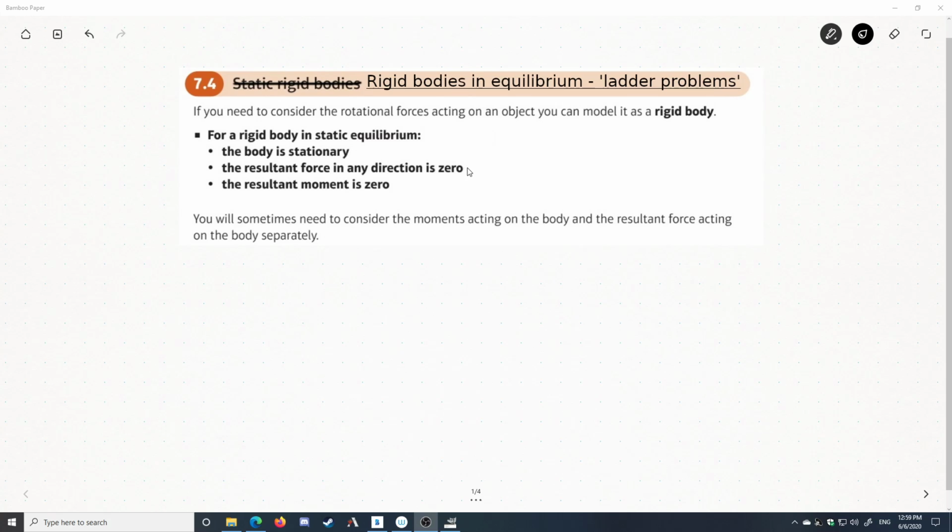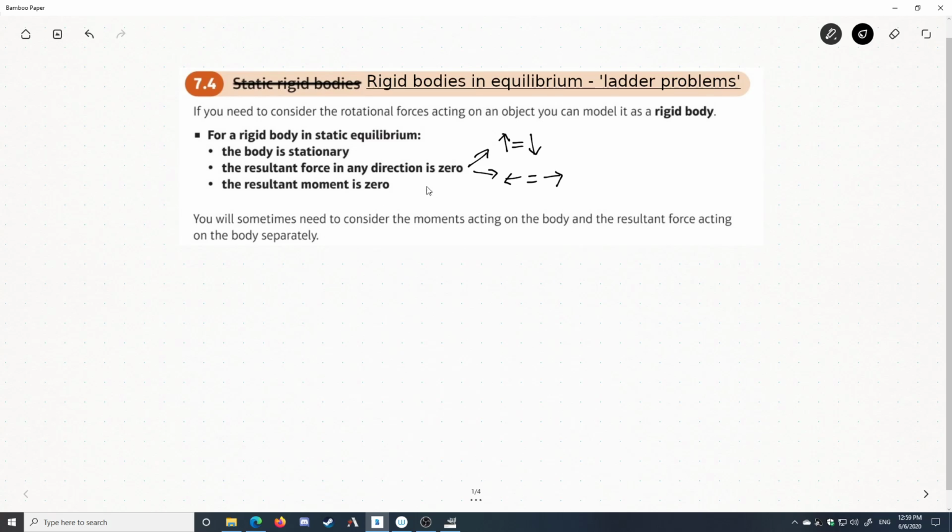So the resultant force in any direction is zero. That will usually lead us to saying, right, when we're considering forces, the resultant force up must equal the resultant force down, and likewise the resultant force left must equal the resultant force right.